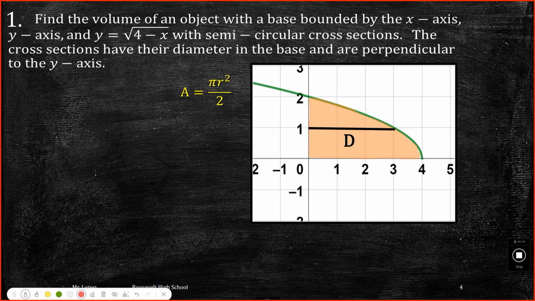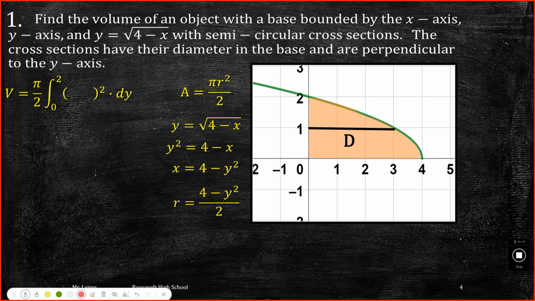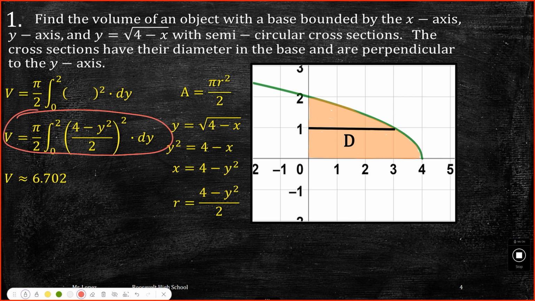Let's see. Oh, it's not going to be this number. It's supposed to be the same though. If this is true, let's see.